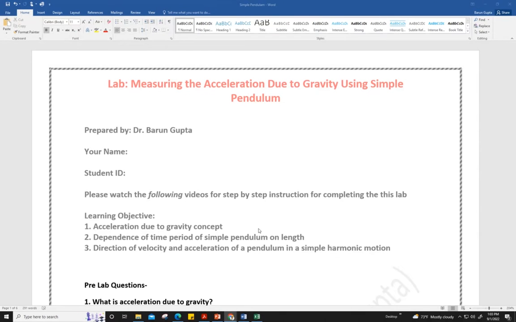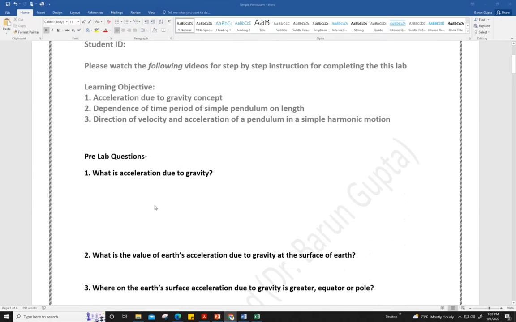Before going into the data measurement, you have to answer the pre-lab questions. So what are the pre-lab questions? The first question is, what is the acceleration due to gravity? You have to answer these questions, and you can find the answers from the lecture videos.